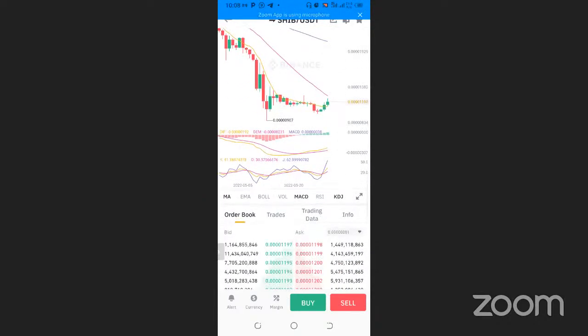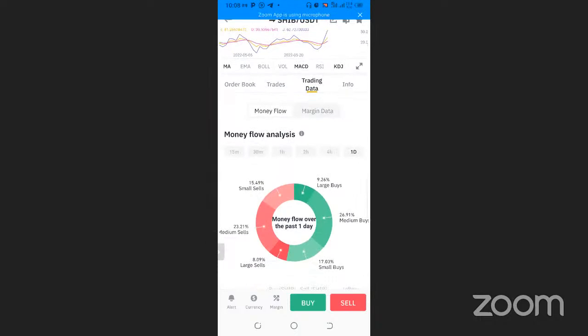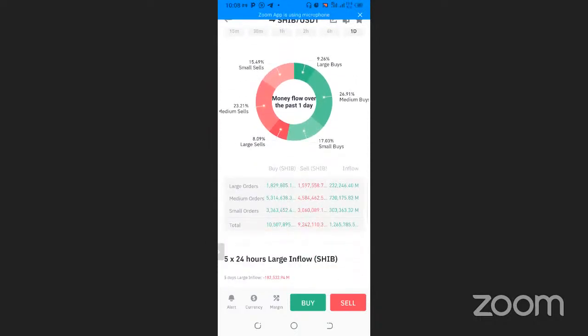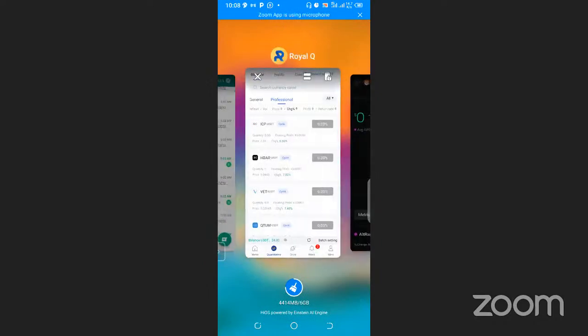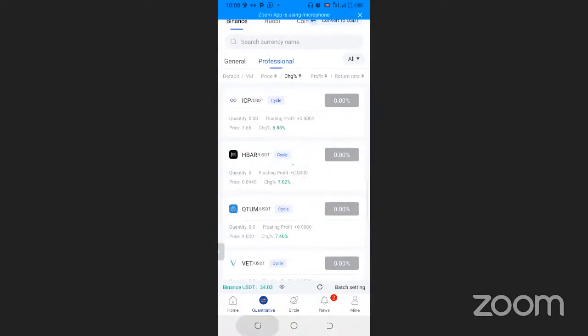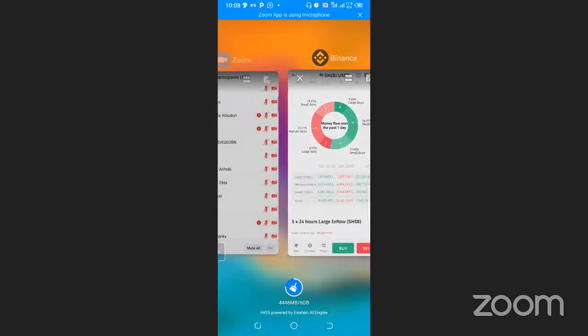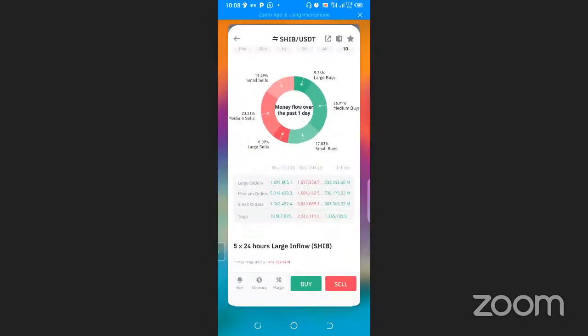Okay. All right. I think this will be the last coin for the day. That is the Shiba Inu. Shiba Inu will be the last coin we are going to trade. And what will be our take profit? What will be our take profit in Shiba Inu?